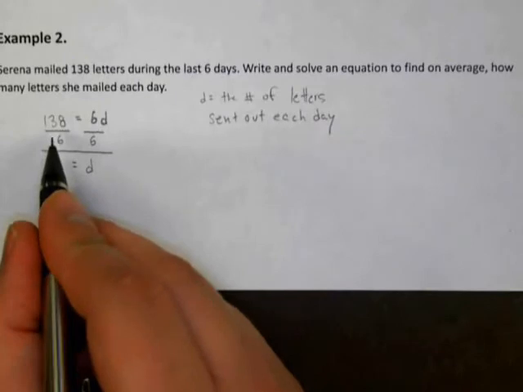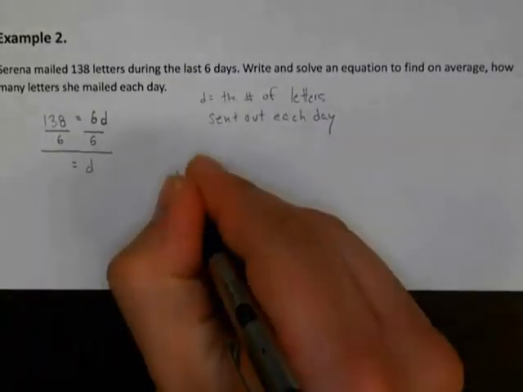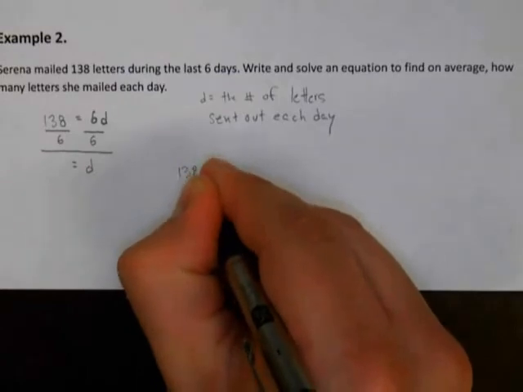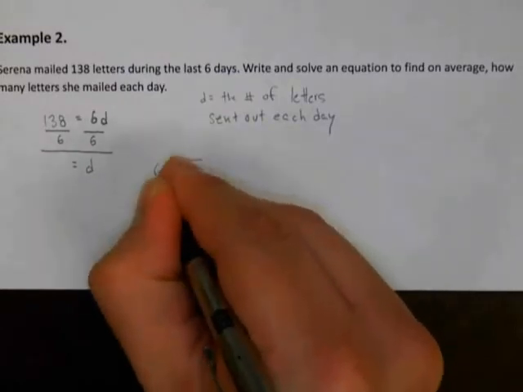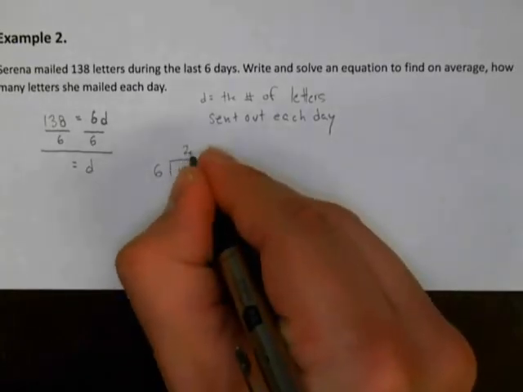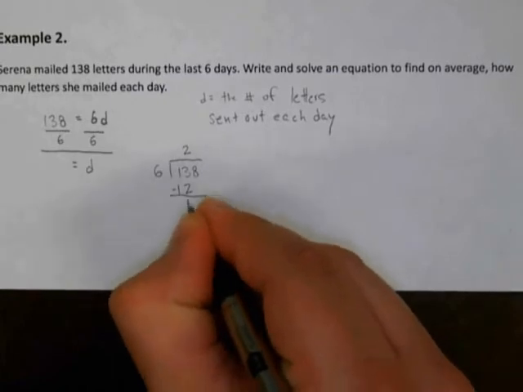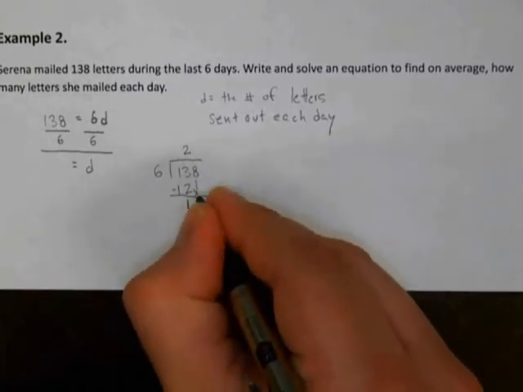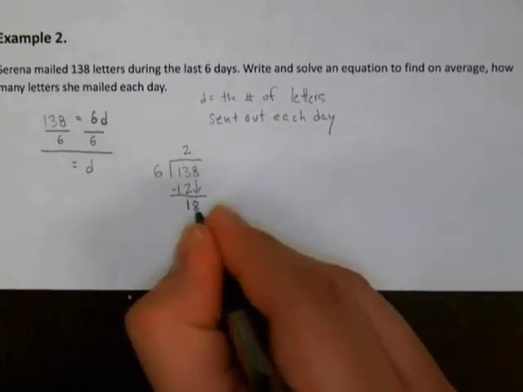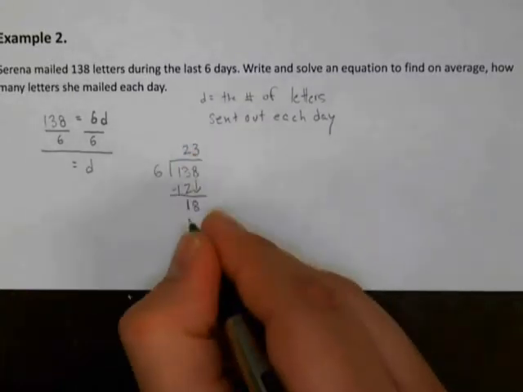And 138 divided by 6, that's a little bit more difficult, so I'm going to have to take 138 and divide it by 6. I know 6 can't go into 1, but 6 can go into 13 twice. 6 times 2 is 12. Subtract, we get 1 left over, and we have to bring down that 8 of ours. We know 6 goes into 18 3 times, and 6 times 3 is 18.